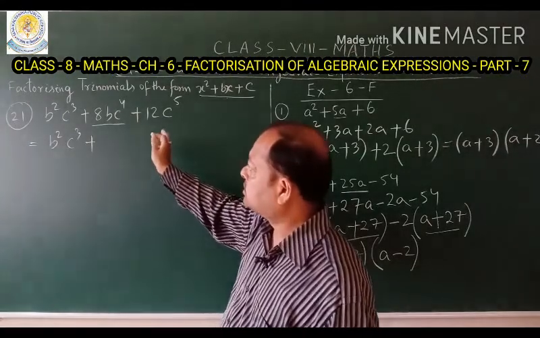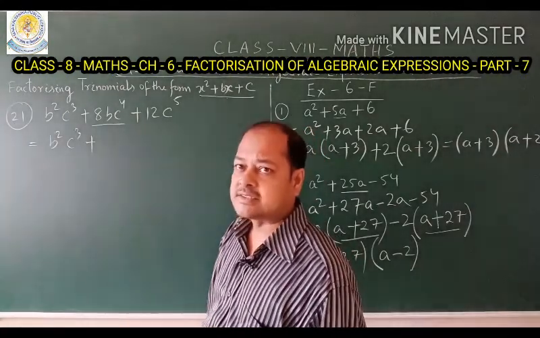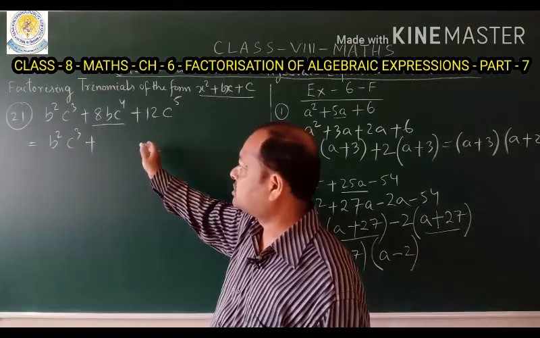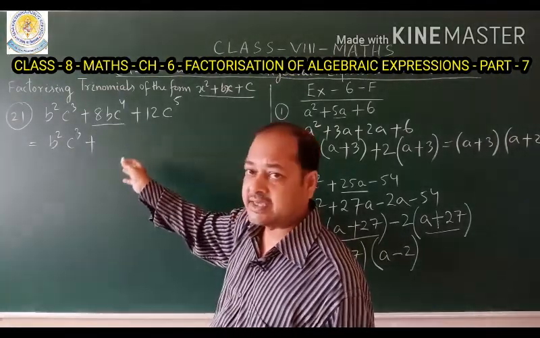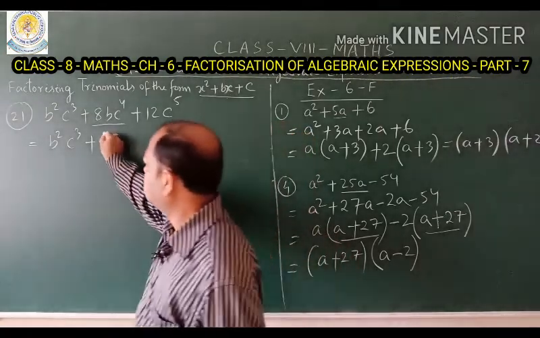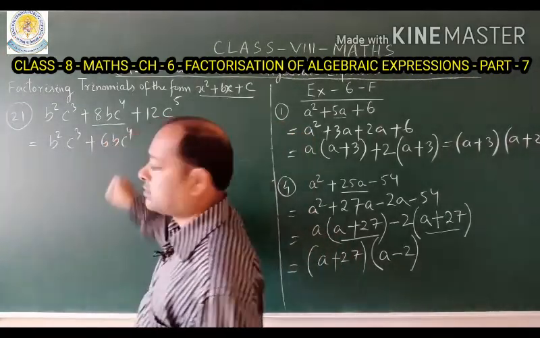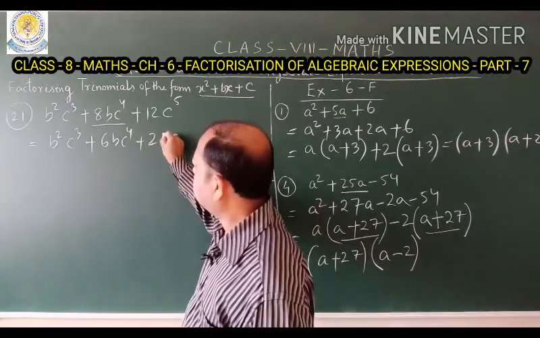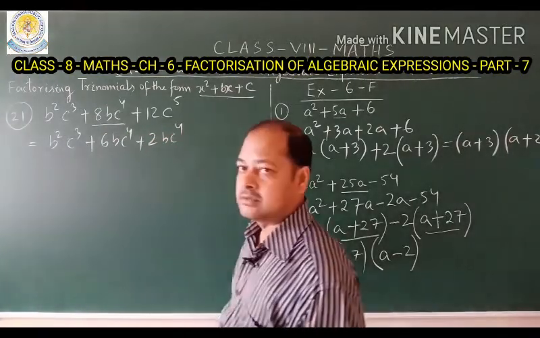If you take 6 and 2, yes, 6 plus 2 is 8 and 6 into 2 is 12. So we will take 6bc to the power 4 plus 2bc to the power 4.